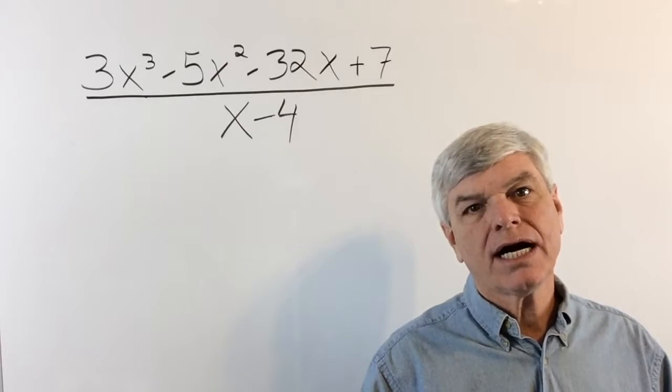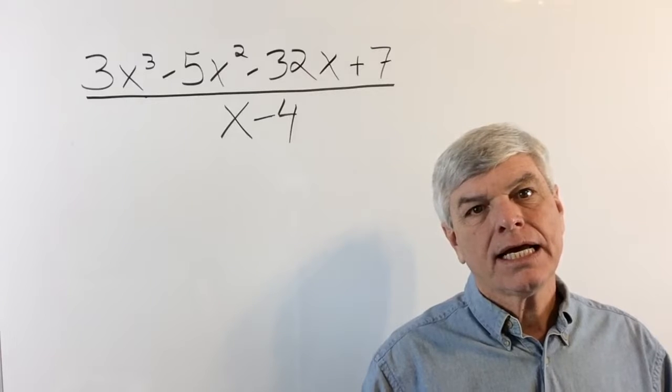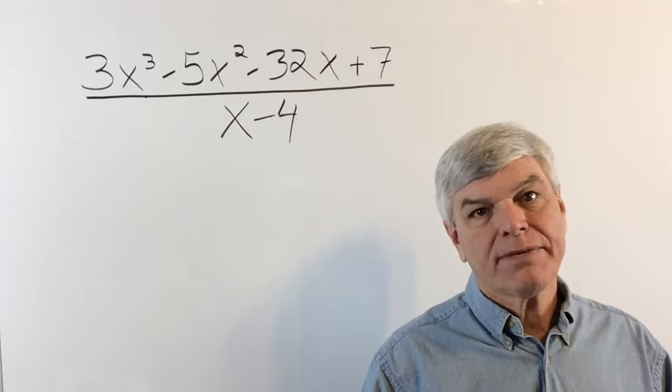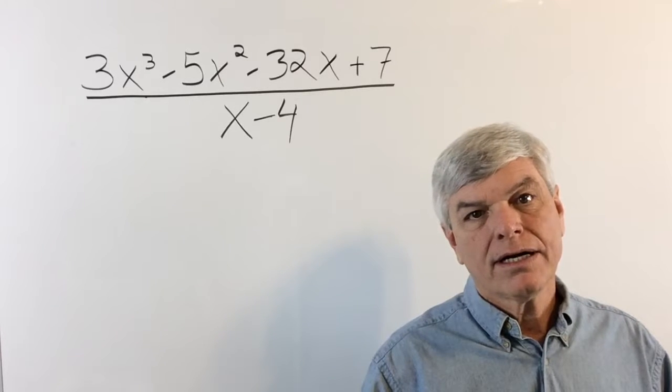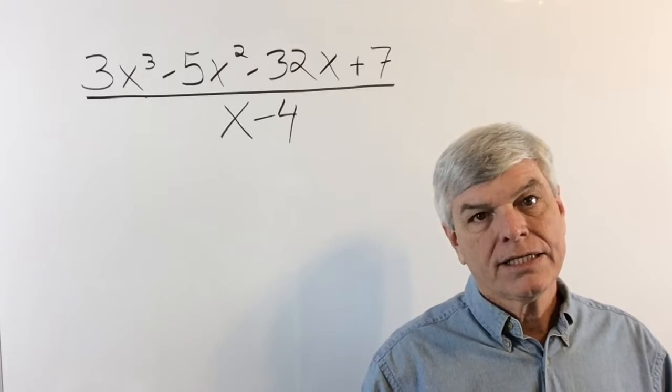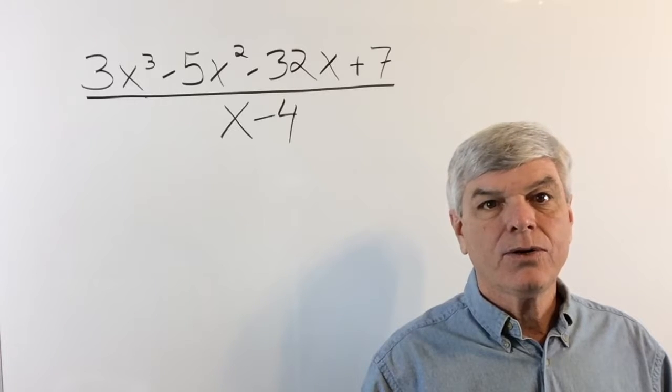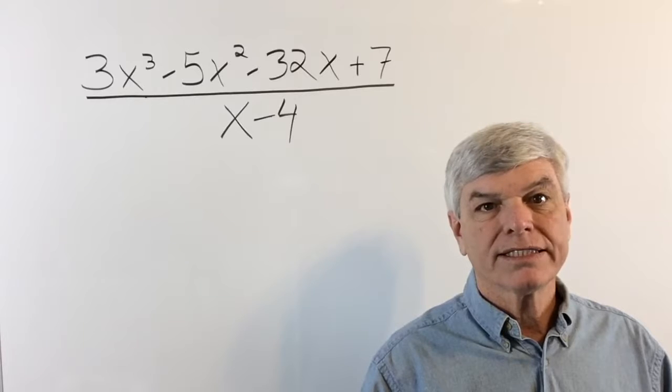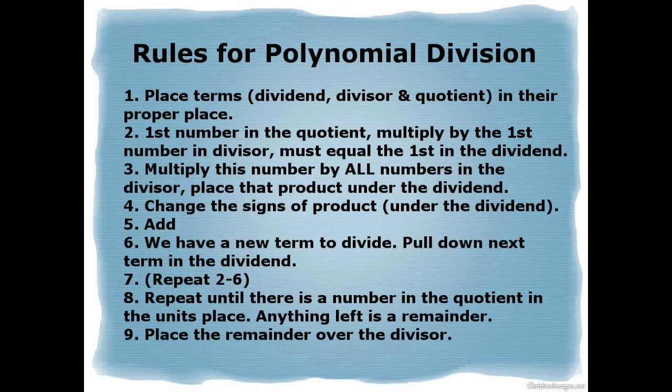Anyways, what do we have? We have on top our dividend, and that's the thing being divided, and we have in the denominator our divisor. So the first thing we're going to do is to put everything in its proper place. The first step in the division of polynomials is to place all terms, dividend, divisor, and quotient, into their proper place.